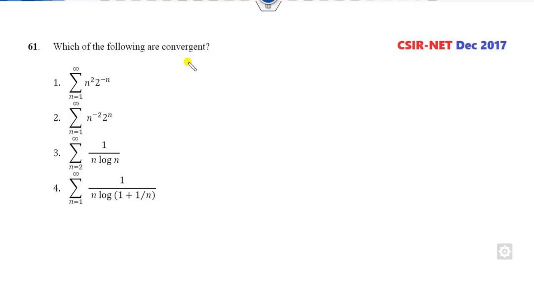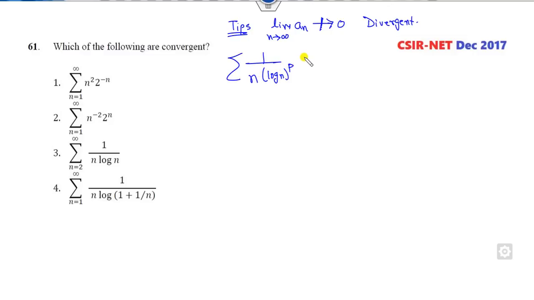Which of the following sequences is convergent? Remember, whenever you want to test sequences, firstly check this: if it does not go to 0, then it is always divergent. Whenever there is a logarithm term, always remember log n to the p is divergent when p is less than or equal to 1, and greater than 1, it's convergent.